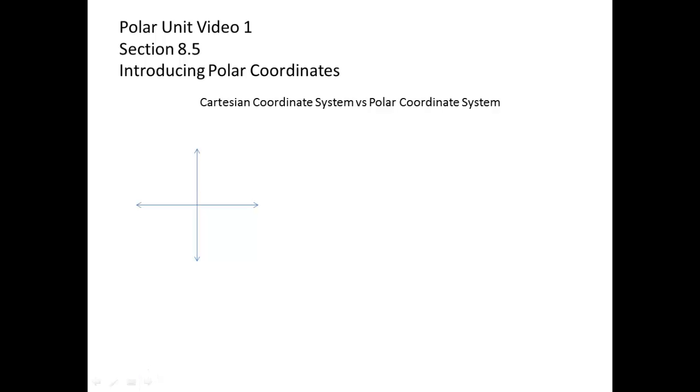Okay, so we're going to first begin and talk about the difference between the Cartesian coordinate system and the polar coordinate system. Your Cartesian coordinate system is basically what you've been working with since you began algebra and you were graphing points.